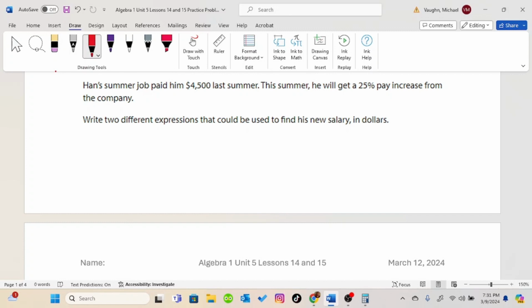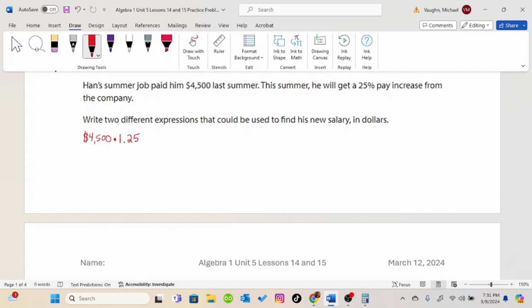So the first method would be the most direct. You take the $4,500 that Hans made last summer and you multiply it by 1.25.